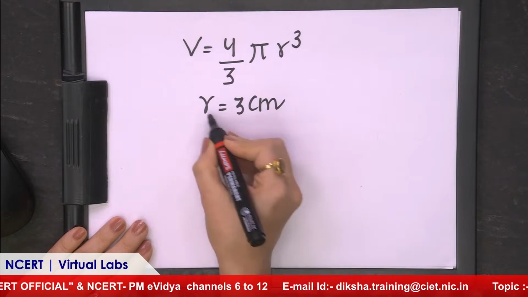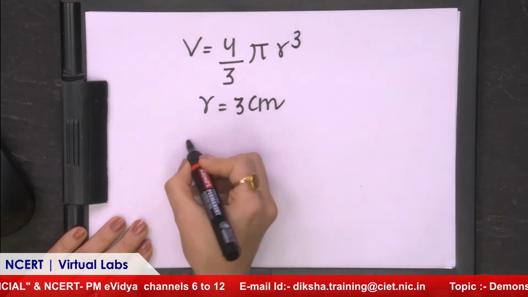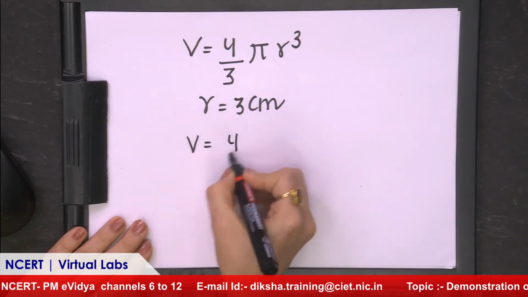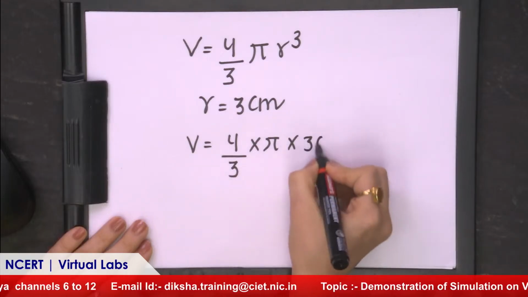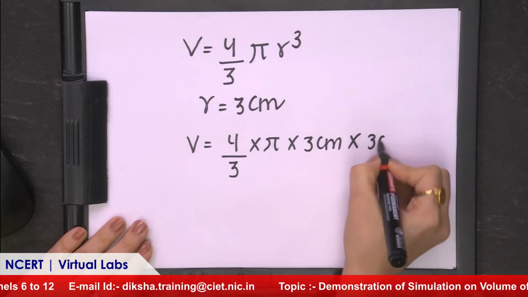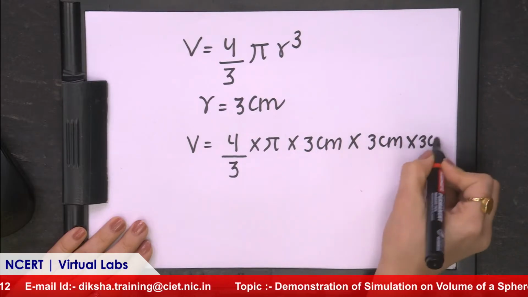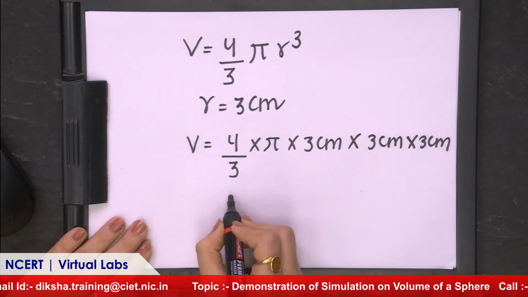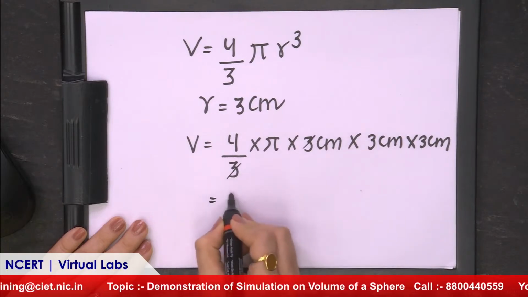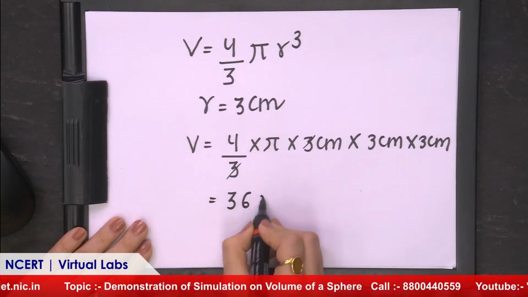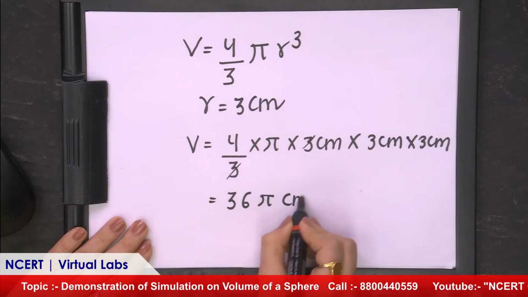So we have to put the value of r in the formula. V equals 4 by 3 into pi into 3 centimeter into 3 centimeter into 3 centimeter, it's a cube. For pi, we could write 22 by 7. We calculate the value and we will get 36 pi centimeter cube.